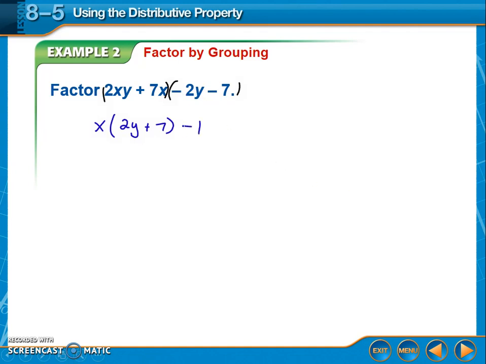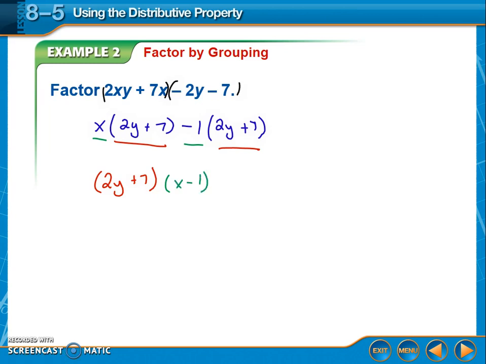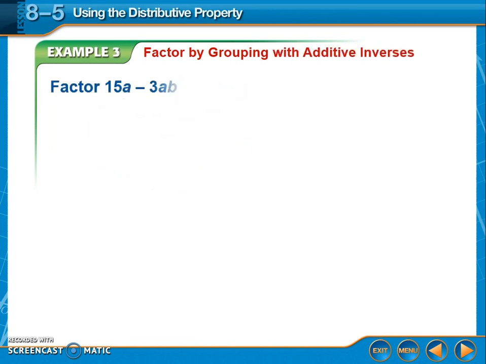If I pull out negative 1, what I'm left with is 2y plus 7. Now I have 2 terms, and both of them have 2y plus 7. That's what I want to pull out. So 2y plus 7 is what I factor out first, and what I have left is x minus 1. Now it's factored, and that's factoring by grouping.